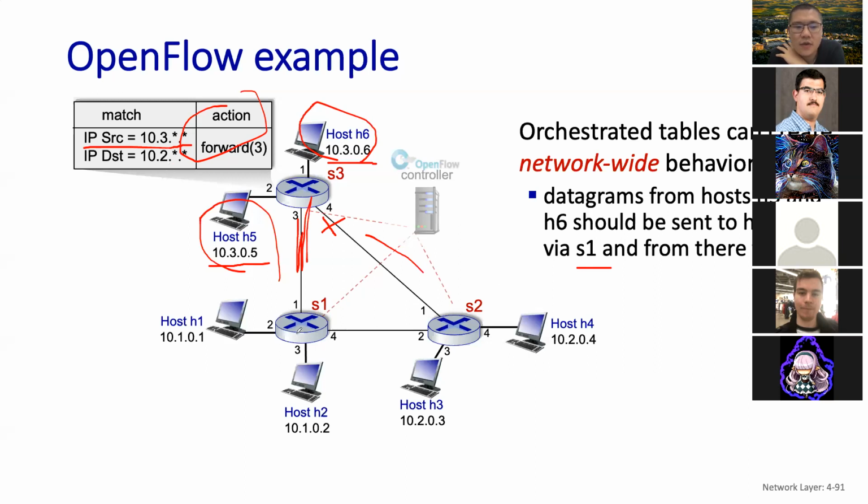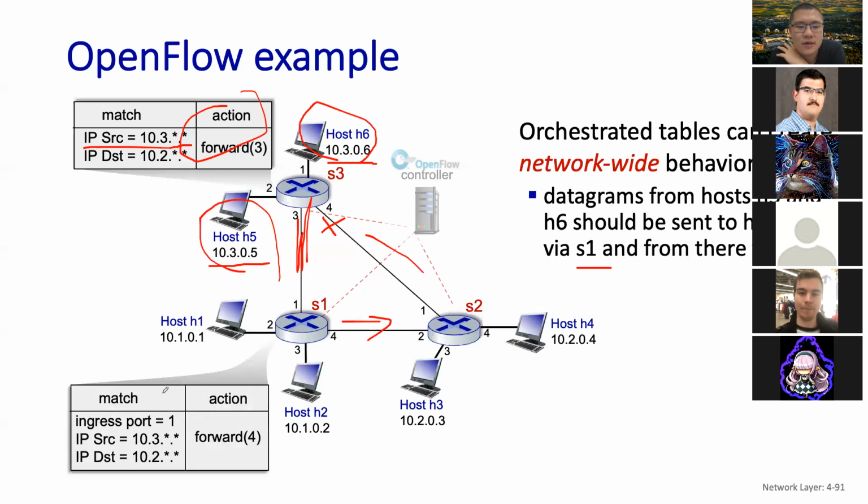So after this forward, we should define the next forward. Is that right? Because after that, it only reaches this router, the S1 router. We have to make sure it will not go the other way. We have to make sure it will go this way. Okay, so we should have another forward. So if the incoming port number is 1, right?